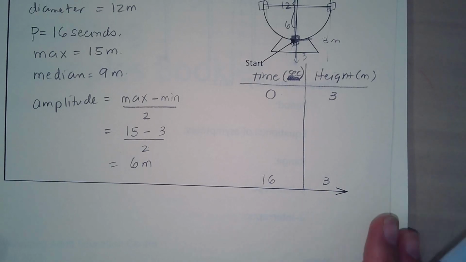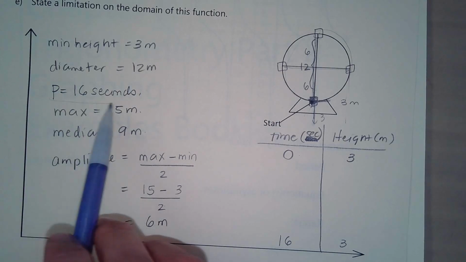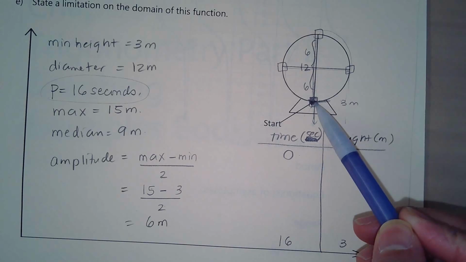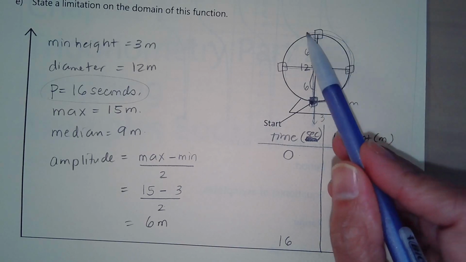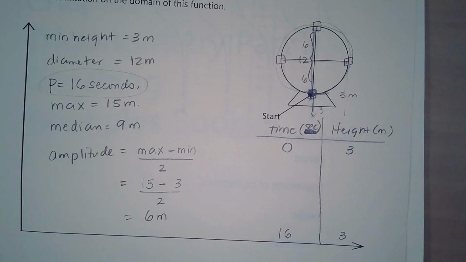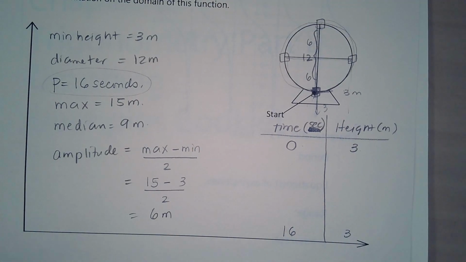Oh no, it's not 8 seconds. They said the period is 16 seconds, so that's 16 seconds later. You're here, 16 seconds later, you're back down here. That's what period is. Okay, don't write anything yet.